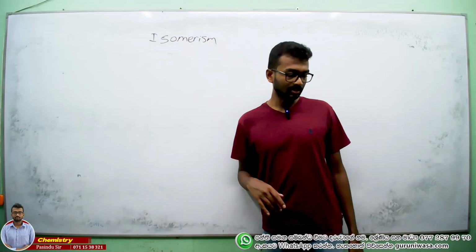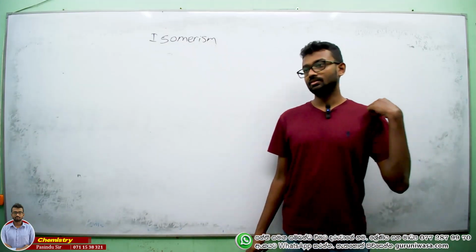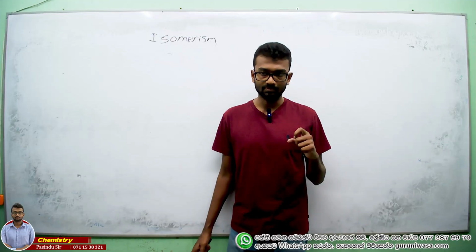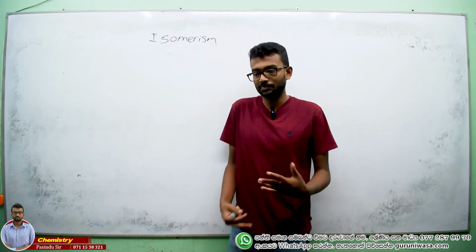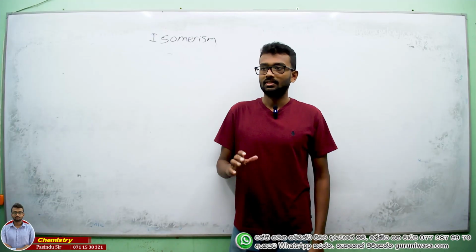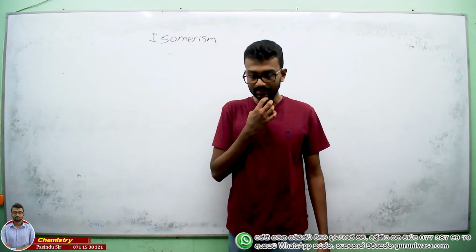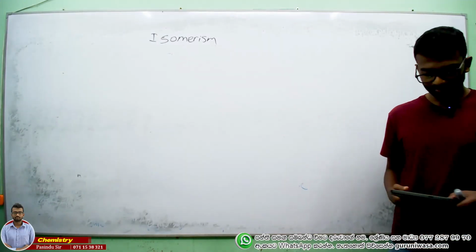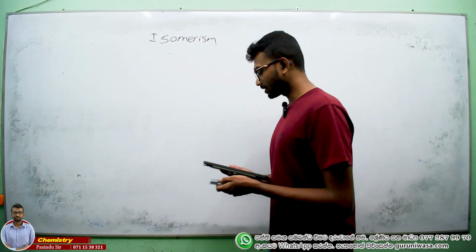In constitutional isomers, it's about the arrangement of the structure. As we said, isomers differ in arrangement of structure, but here there are three types of constitutional isomers. So just write down the subtopic: constitutional isomers.